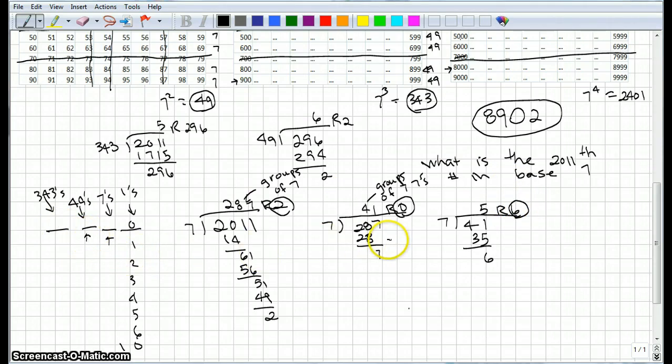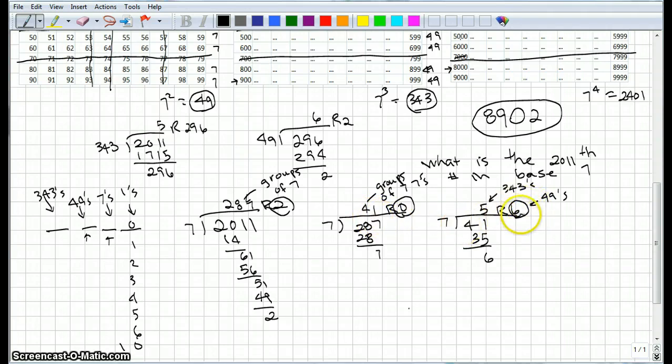Okay. And then finally, we already know that this is the 343's. That's how many 343's we have, and this is the number of 49's. Because the number of 49's was 41, right? But 41's not a digit, so we want to divide by 7 again.